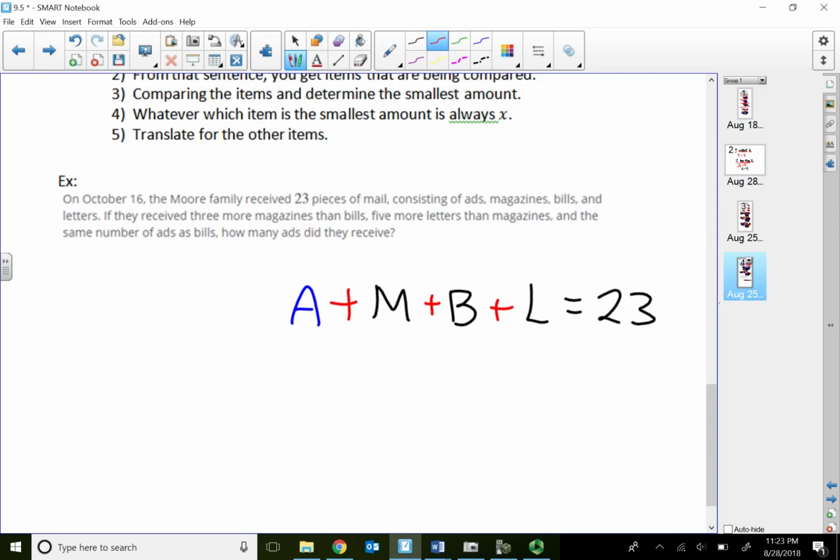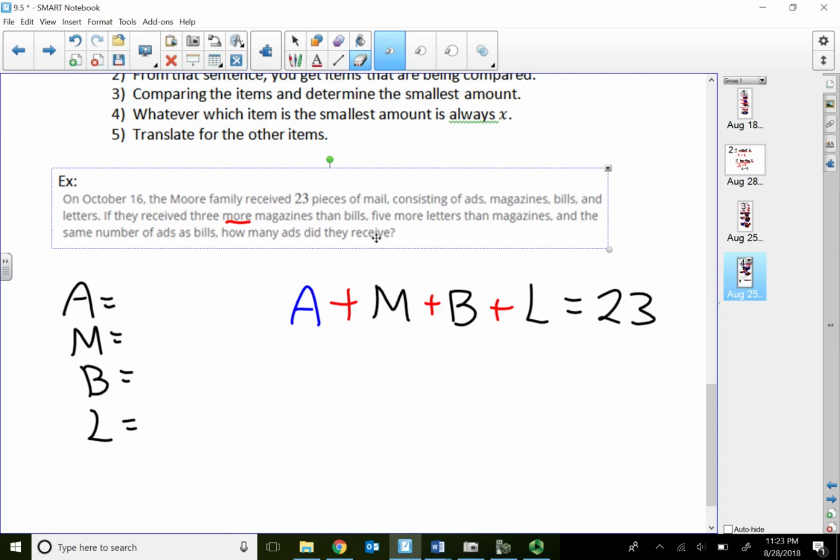So the first sentence already told me how my equation is going to look. Now my job is to find the three sentences. Four items, three phrases or sentences. All right, ads, magazines, bills, and letters. Let's see. Next sentence: if they receive three more magazines than bills. Right here, the word more. More than means plus. If they receive three more magazines than bills, comma. We use a comma to separate two different dependent clauses.